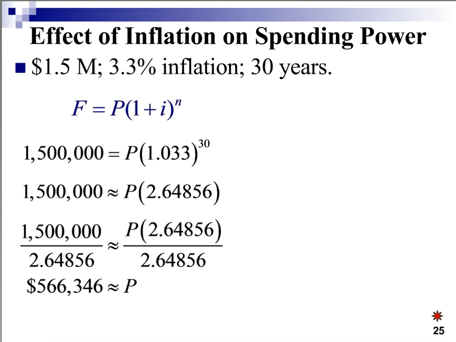So think of that as roughly 3. So basically what we're saying is that inflation cuts by a factor of 3 the value of that investment in terms of your spending power. So that, again, is another great example of how inflation can have a negative effect on your ability to purchase the goods that you need. So even though it seems like you may have a lot of money, you may in fact not have as much as you might think.